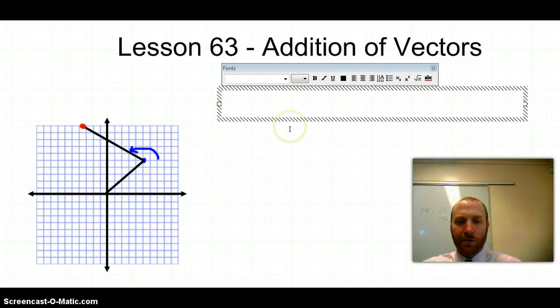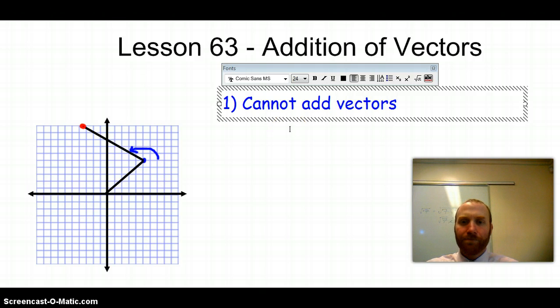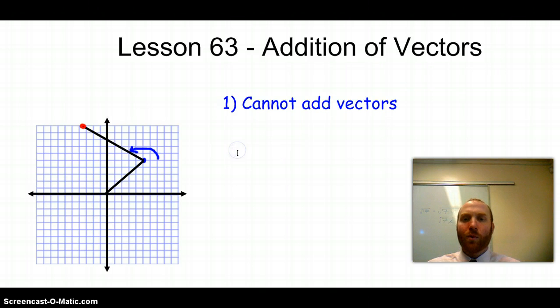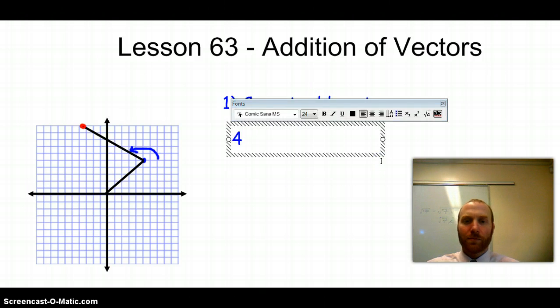Number one, you cannot add vectors. I mean, think about what we had just done. At first, I went 7.07 at, now there's no proper add symbol here in terms of the math that we're showing, so I'm using this, but 7.07 at 45 degrees.